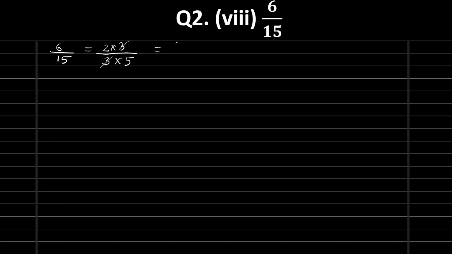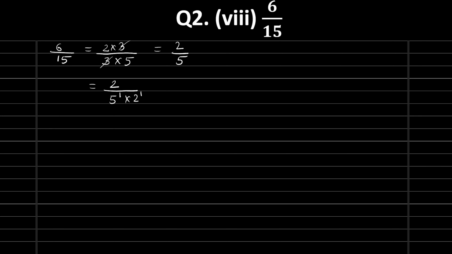We are going to get 2 upon 5. Now, in order to make the exponent of 5 and 2 the same in the denominator, since 5 is having its exponent as 1, we have to make sure that we make the exponent of 2 also 1.